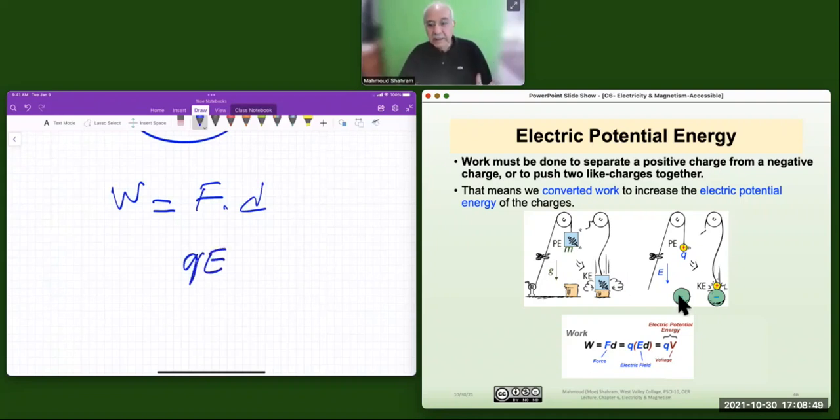Electric field is between the two charges. Remember I showed you the picture from positive to negative? So there is an electric field right there between the two. The work therefore is equal to electric force, which is Q times E, times D, which is the distance. This work is potential energy, electrical potential energy.